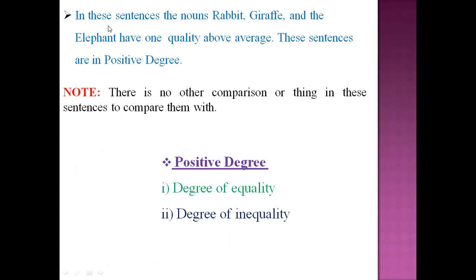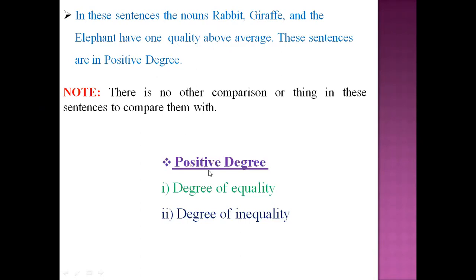In positive degree sentences, the nouns have just one quality, and there is no other comparison for the nouns. Here in the positive degree there is no comparison; it is only the thing that exists.